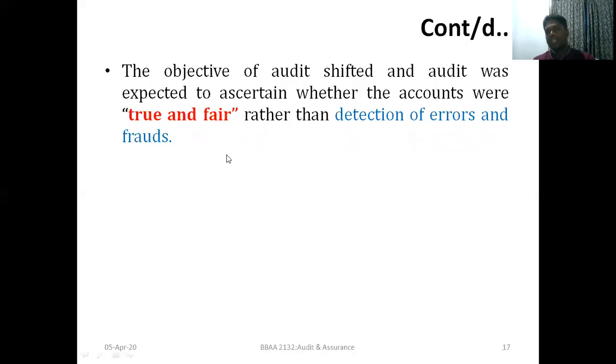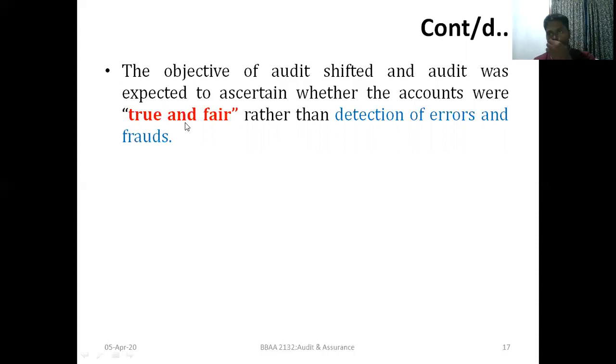You know that in the days before the industrial revolution, the objective of audit was to detect and prevent errors and fraud. But after the industrial revolution, public companies emerged. Then there was a particular issue: an ownership and management problem between the stakeholders and the board of directors. So the audit objective changed to true and fair.